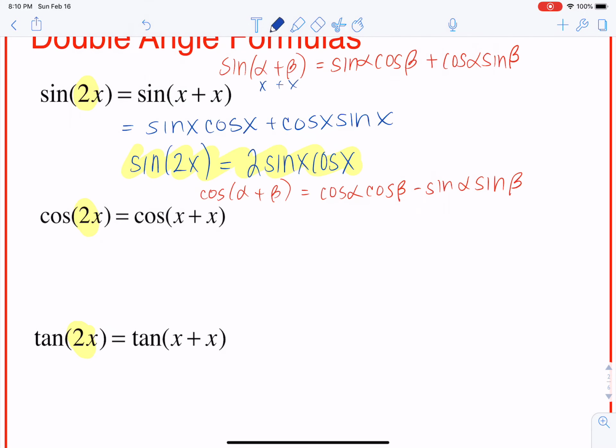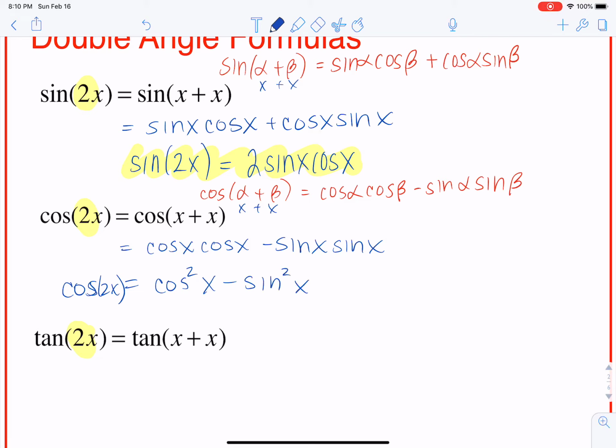So I can come down here in blue and replace this with x plus x. So here that will give me cosine of x times cosine of x minus sine of x times sine of x, which is going to tell me that cosine of 2x is equal to cosine squared x minus sine squared x.